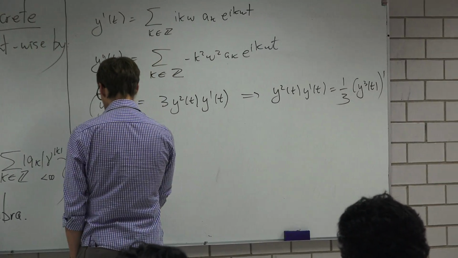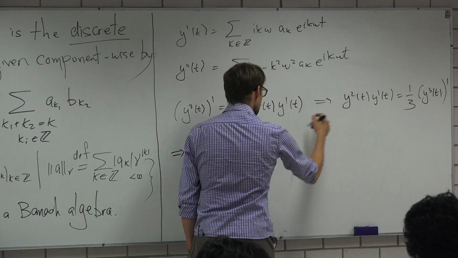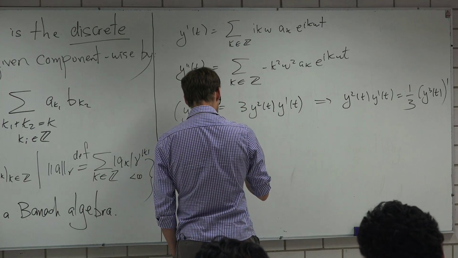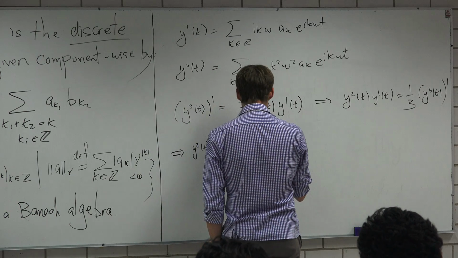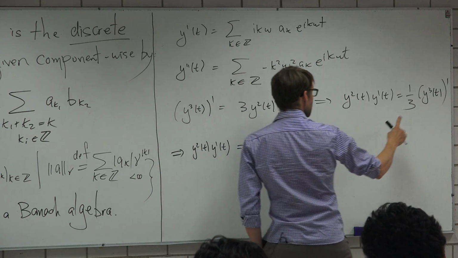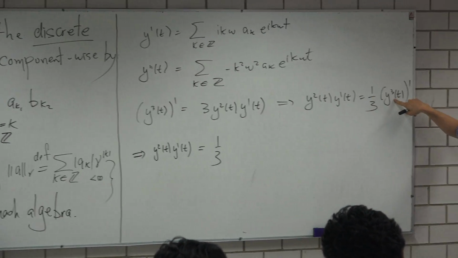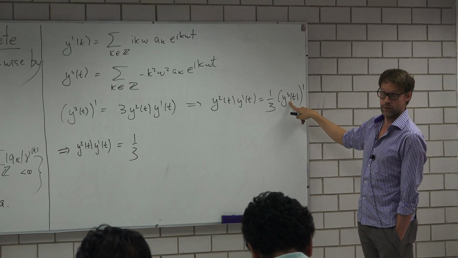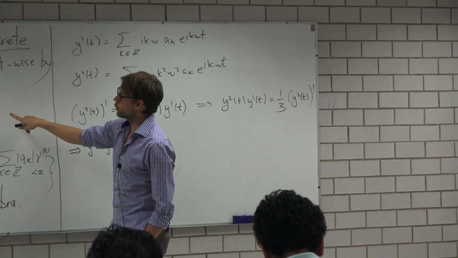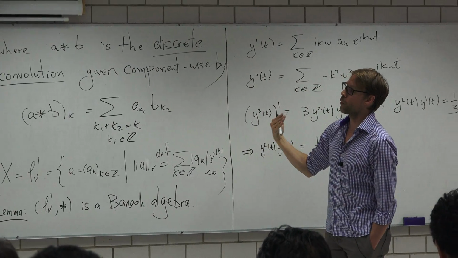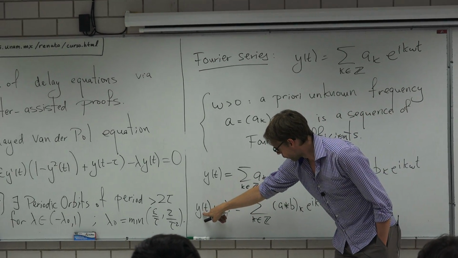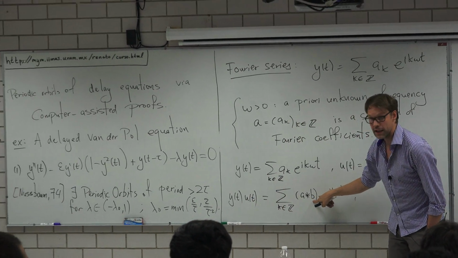the Fourier expansion. So from that, I know that y squared of t times y prime, since it is 1/3, is going to be the derivative with respect to time of the convolution for y cubed. Now y cubed is basically y times y times y, so if I put y cubed here, I would have a star a star a.